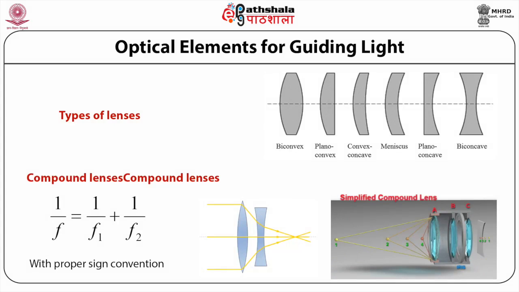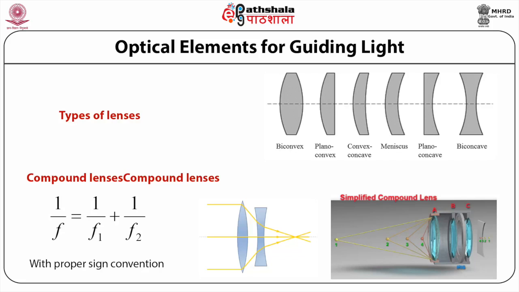You can have a combination of lenses. If you have f1 and f2 for a compound lens containing two lenses, the two lenses can be a combination of a biconvex lens and a biconcave lens with focal lengths f1 and f2.